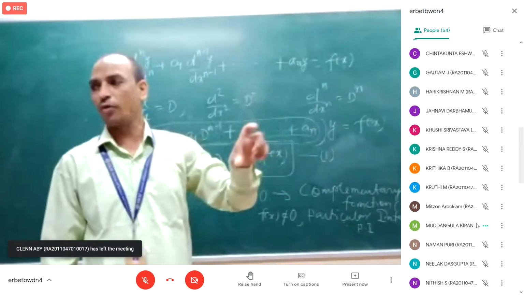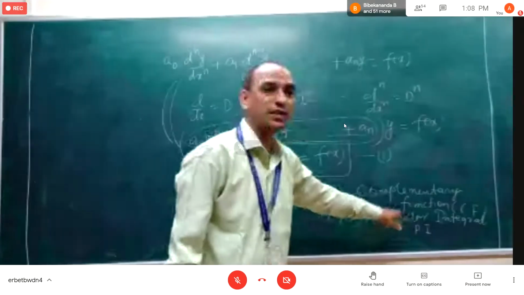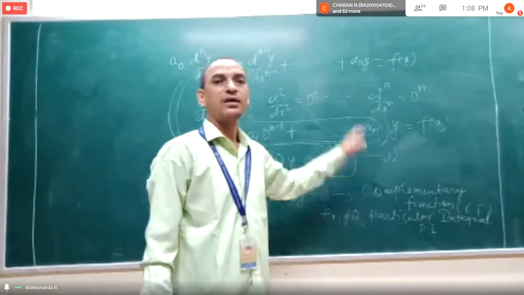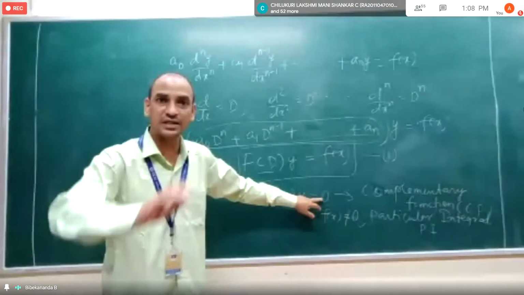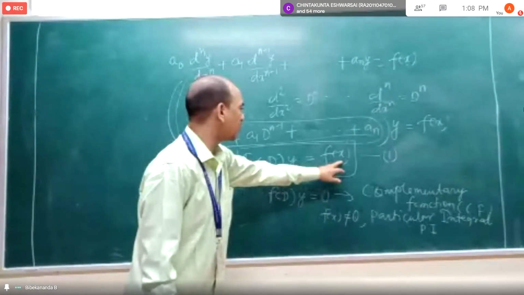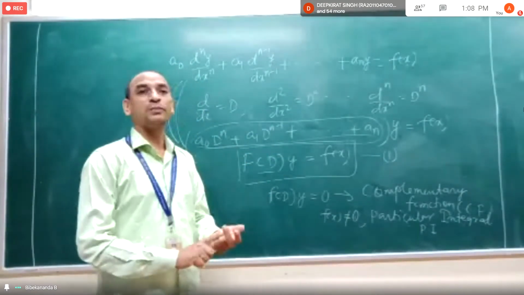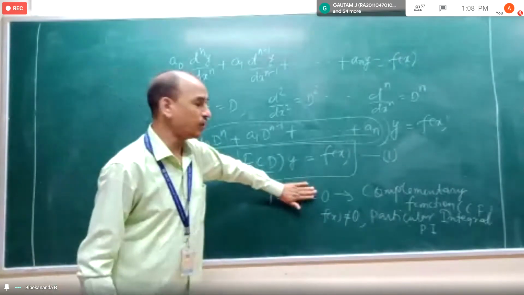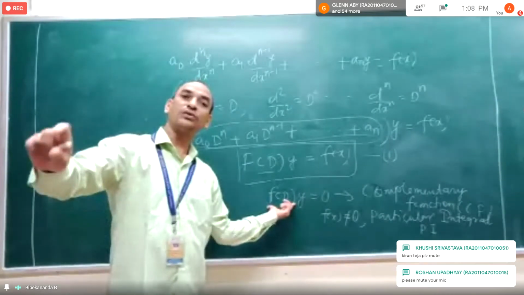C stands for complementary, F stands for function, and I stands for integral. So if f of x is equal to 0, there is no need to find the particular integral. Otherwise we need to find the complementary function as well as the particular integral. Only the complementary function is the solution of that differential equation when f of x is 0.